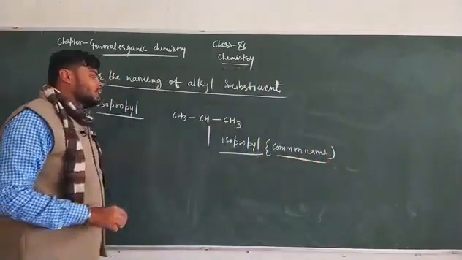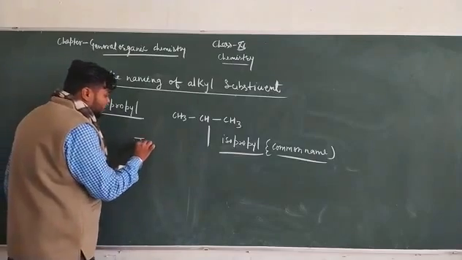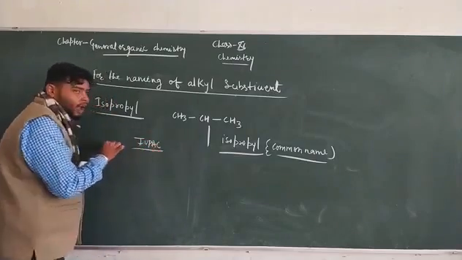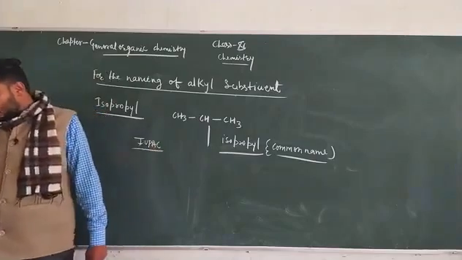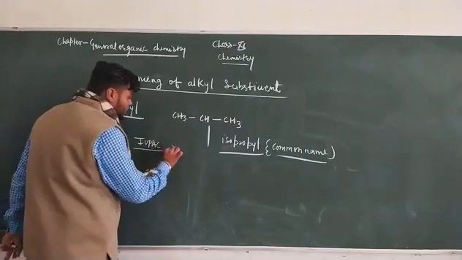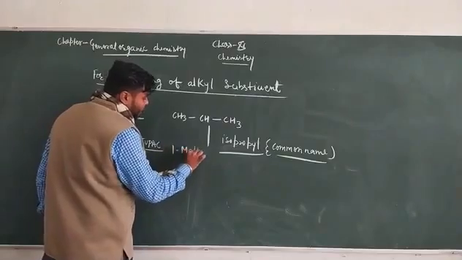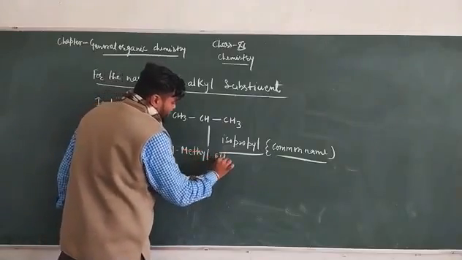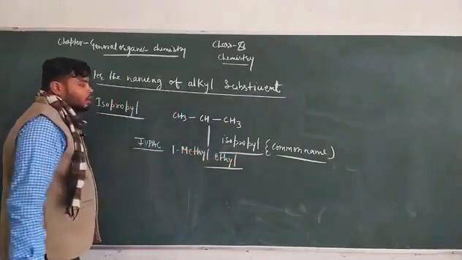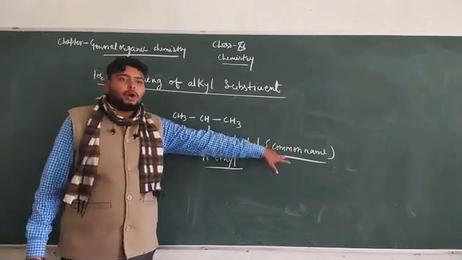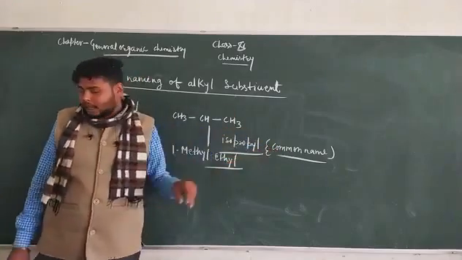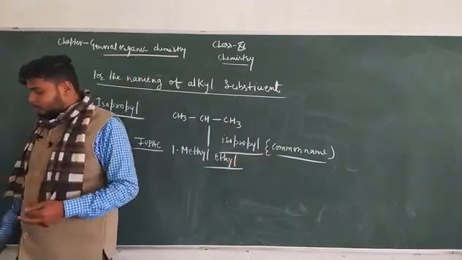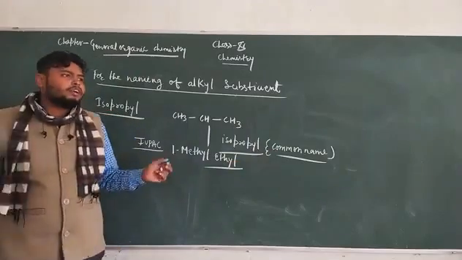When you write the name of this compound in terms of IUPAC, you have to change it and write 1-methylethyl. That means isopropyl is the common name and 1-methylethyl is the IUPAC name. So this is our formation.